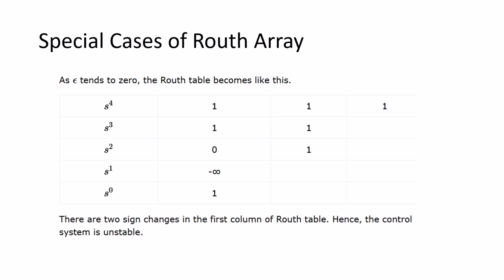If there is no sign change, then the system is stable. But here there are sign changes, which implies the system is unstable. Apart from that, if you get 0 in the first column, that implies some roots are located on the j omega axis, and the system is marginally or critically stable.